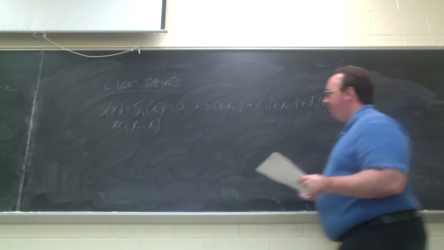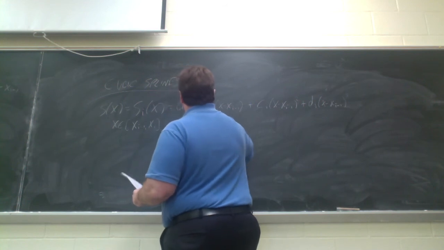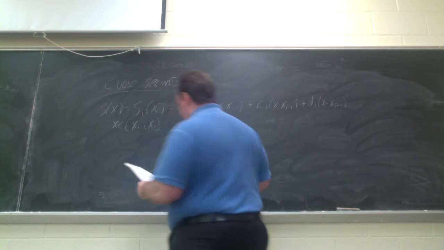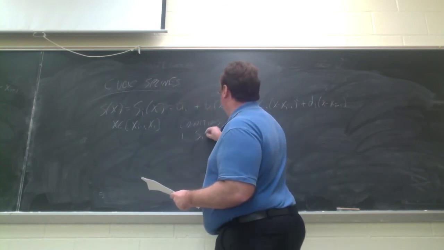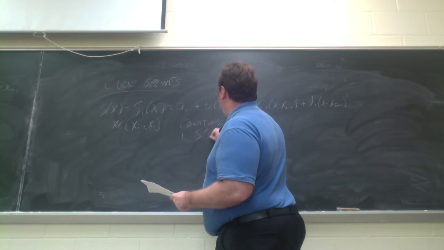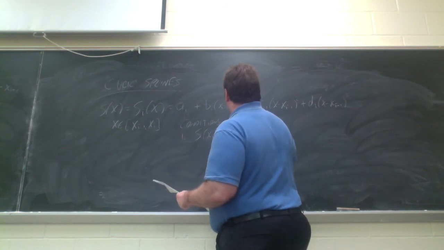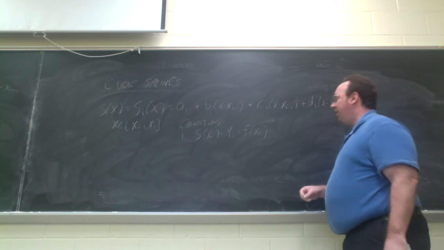The conditions that we'll impose on this cubic spline, first, it has to fit the data. So S of xi must be equal to yi, which is the notation for f of xi, so let's abbreviate them as y's.